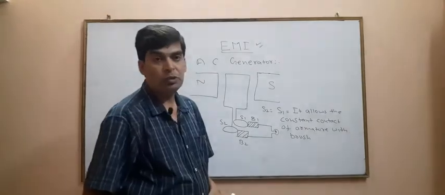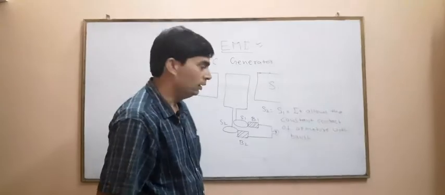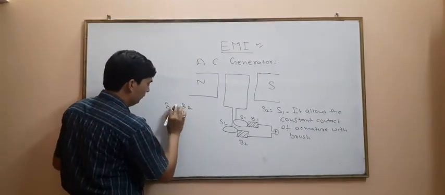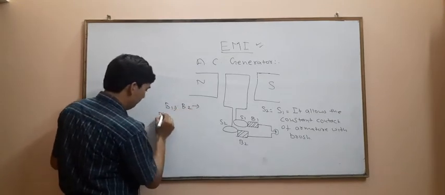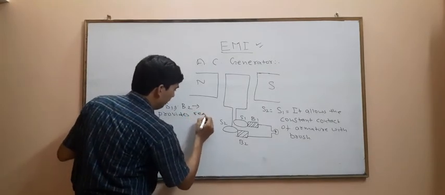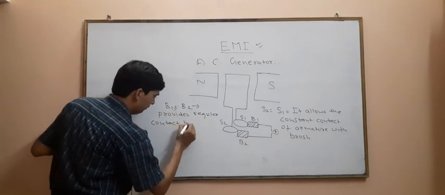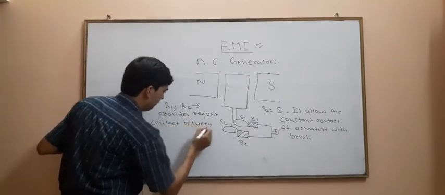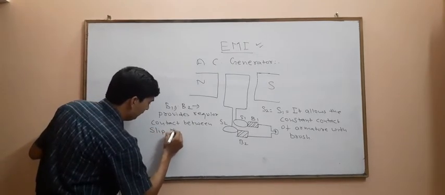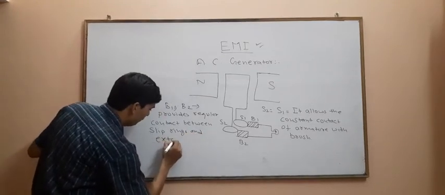What does the brush do? The brush is an alignment between the slip ring and the external load. So B1 and B2 provide regular contact between the slip ring and the external load.